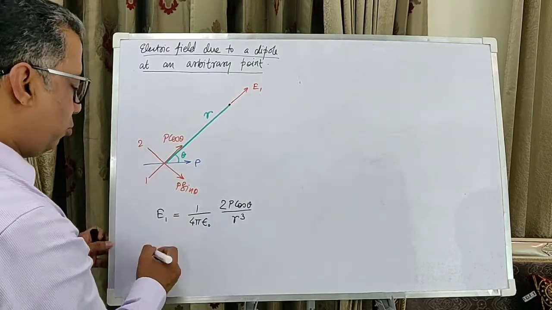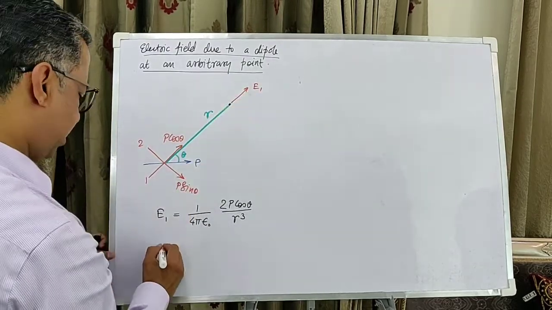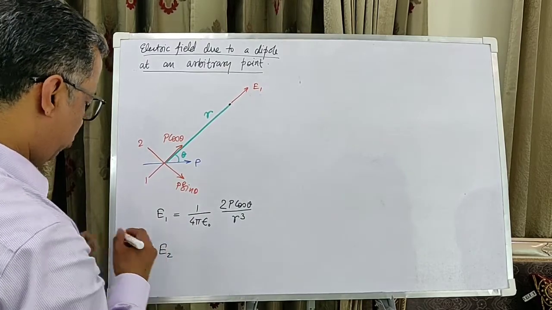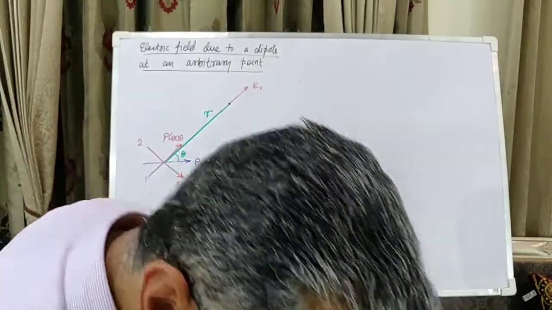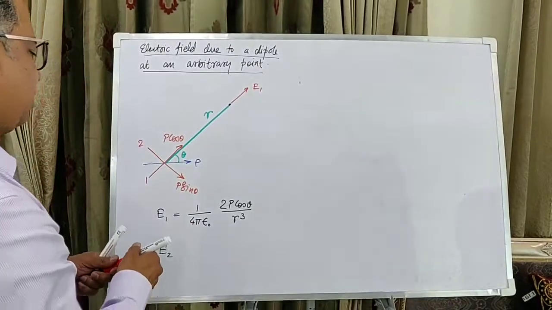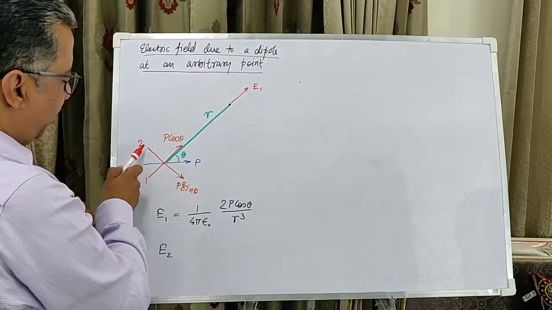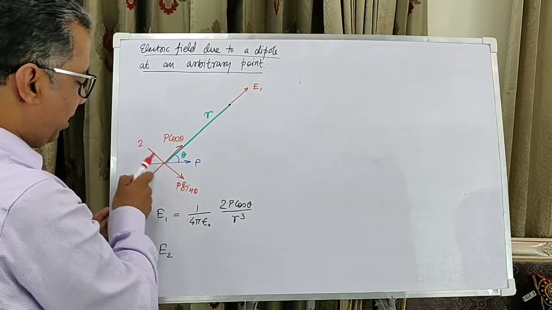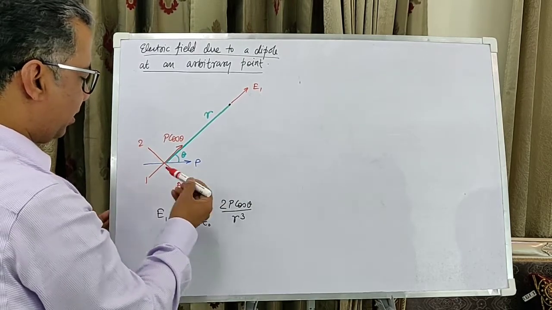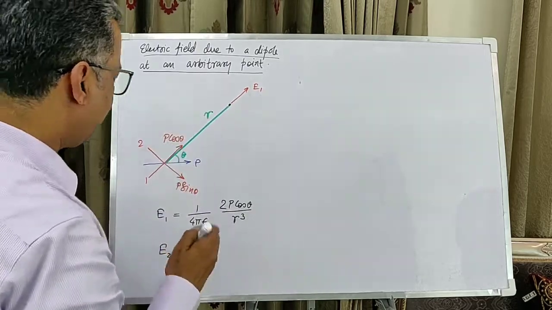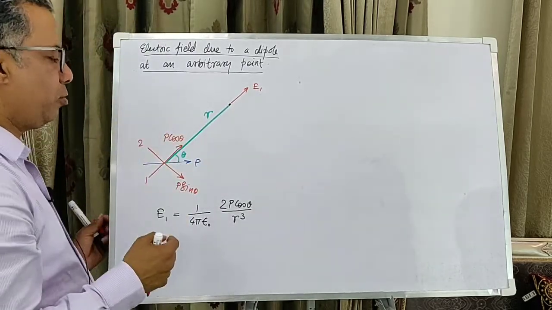Due to dipole 2, we have an electric field over here. We'll call it E2. Now try and make a guess about the direction of E2 here. As far as the second dipole p sin theta is concerned, this point is on the equatorial line.